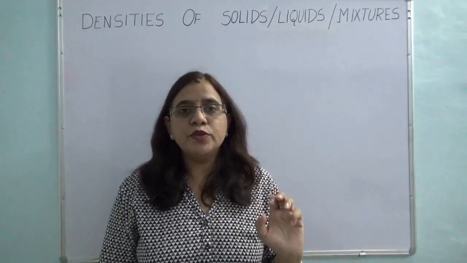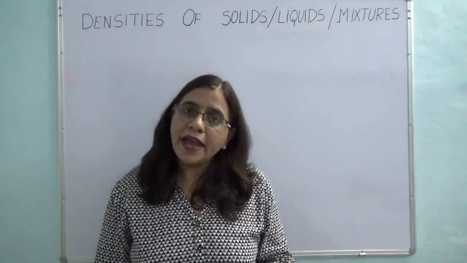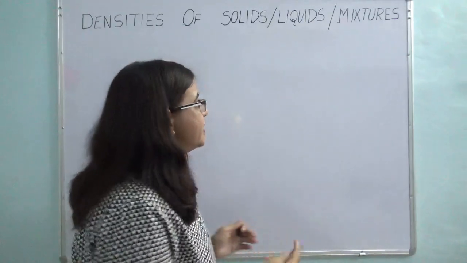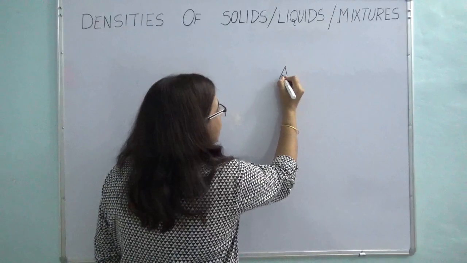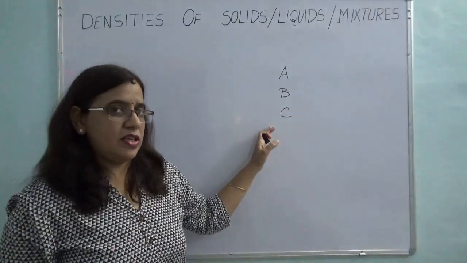But what happens if you have a liquid mixture? Let's consider a case where I have a mixture of liquids. Let's say I have three components, A, B and C, and now I am mixing these three components.